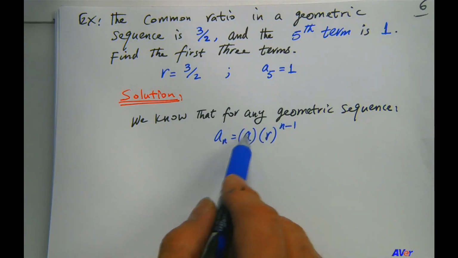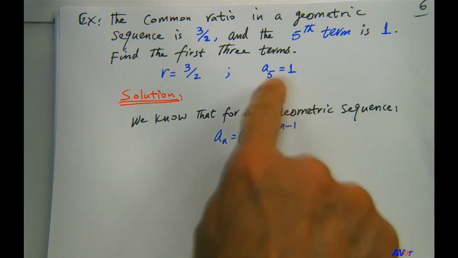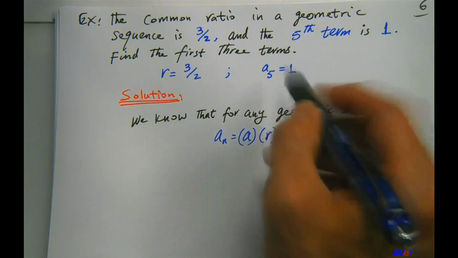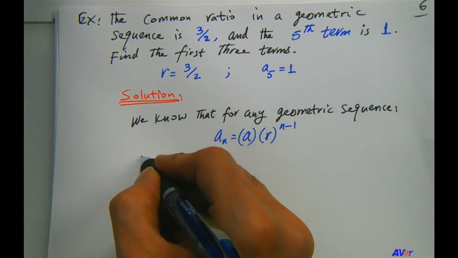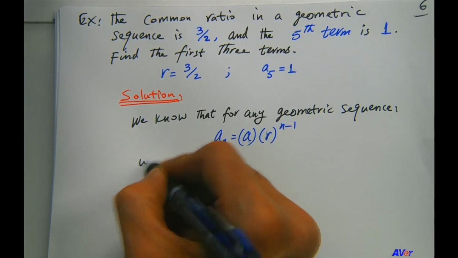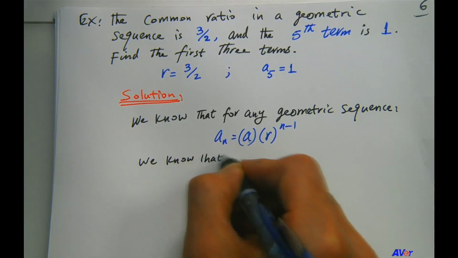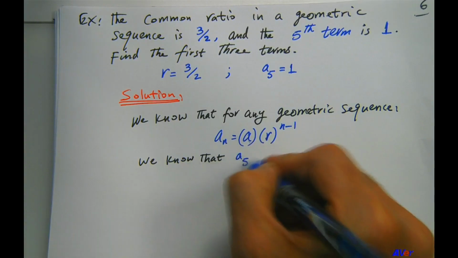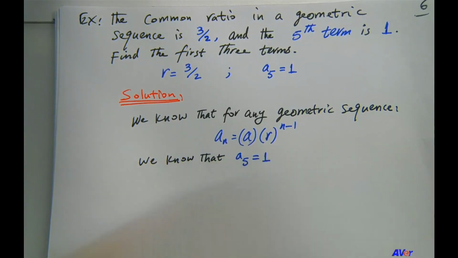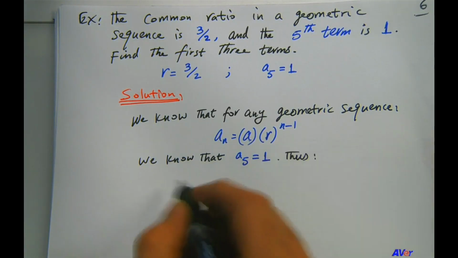So let's find this A. Okay, so we'll use the fact that A5 is 1, right? So we know that A5, or the 5th term, is 1 in this geometric sequence. Therefore, we can write this.